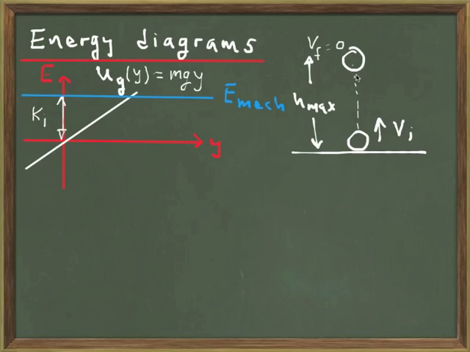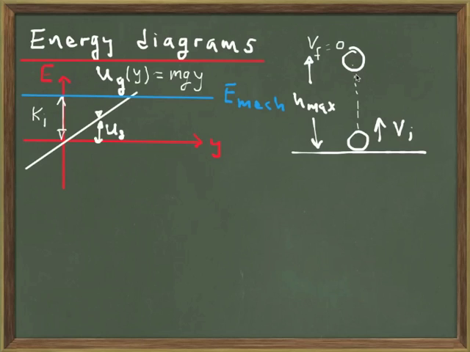At any y, the energy of that ball should be a constant. So in a plot of energy versus vertical distance, the energy should be a straight line because energy is constant. If I start with this much kinetic energy, and I have no potential energy at the beginning, that is the total mechanical energy that I have.